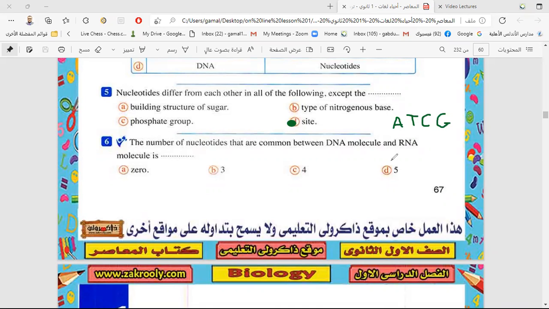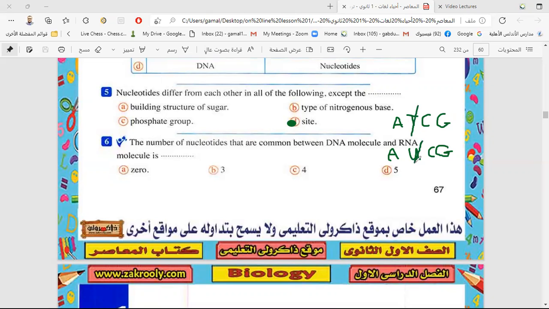And in RNA we have A, U, C, G. So how many nitrogenous bases are common? How many similar nitrogenous bases? We have only one here, not found here.